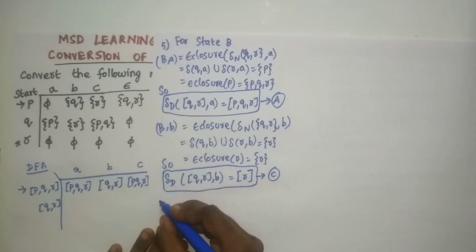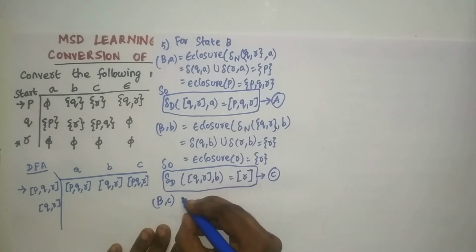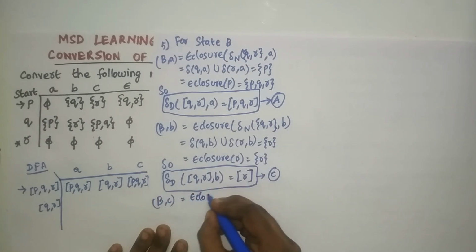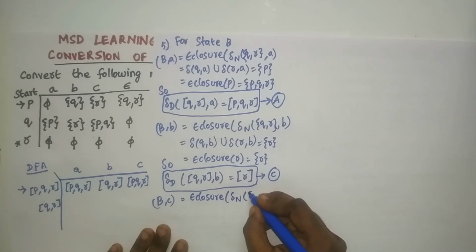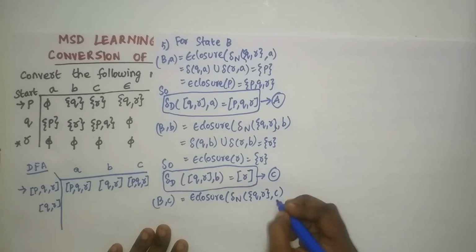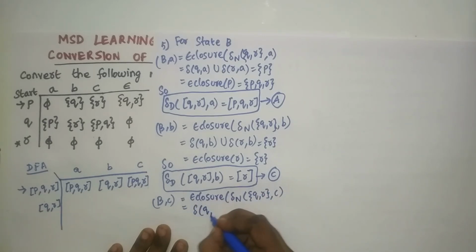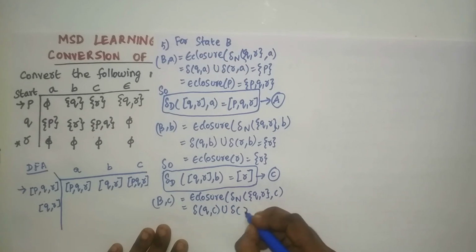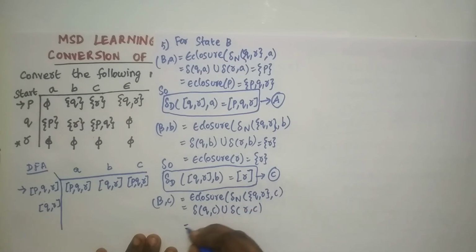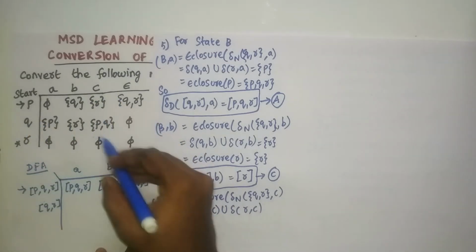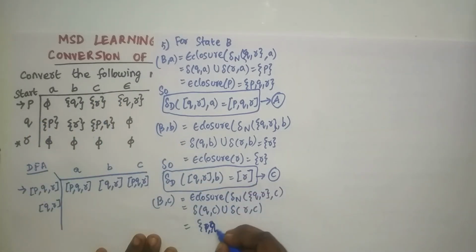Now the next is we need to process B on c. So B on c is nothing but the epsilon closure of δN of {Q, R} on c, which is δ of Q on c union δ of R on c. So Q on c is R, and R on c is P, Q. So the result will be {P, Q}.